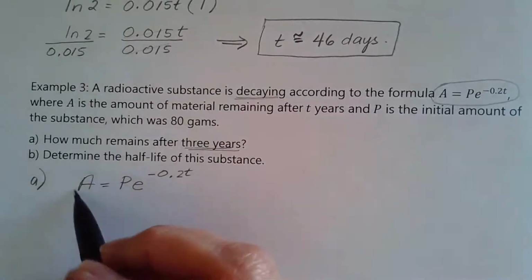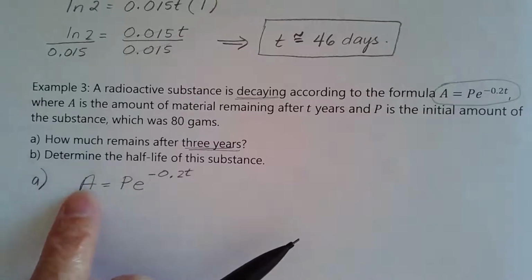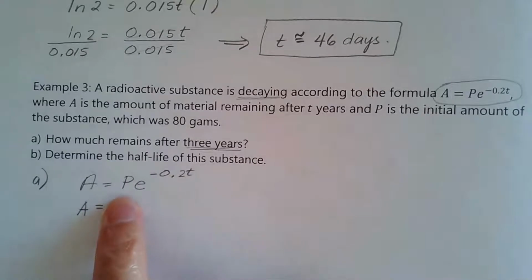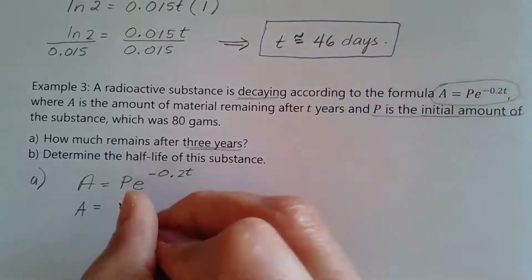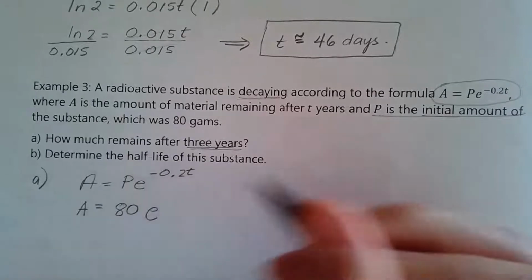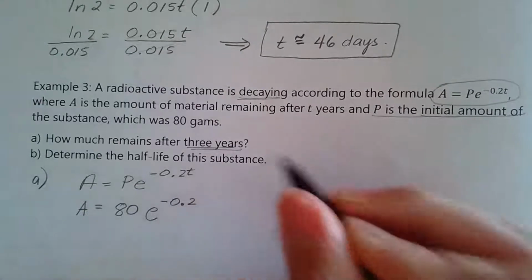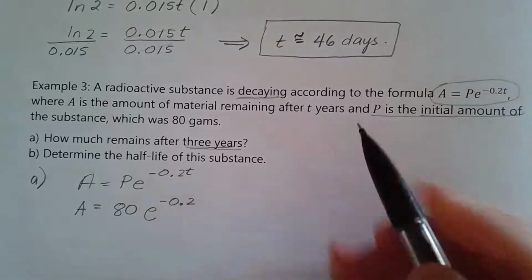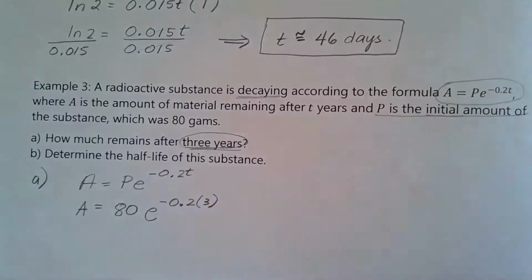So we're looking for the A value, the final amount. P is the initial amount, which is 80 grams. e to the negative 0.2 times t years. They tell us it's 3 years right there.